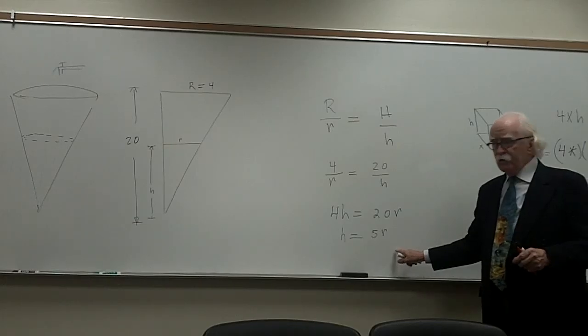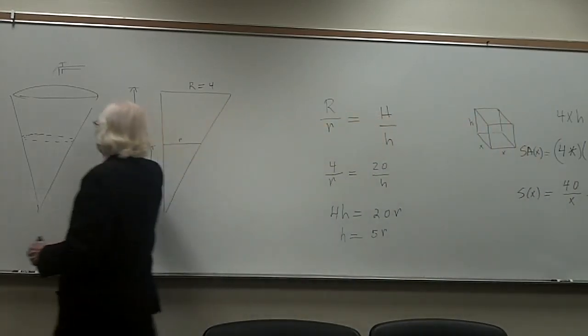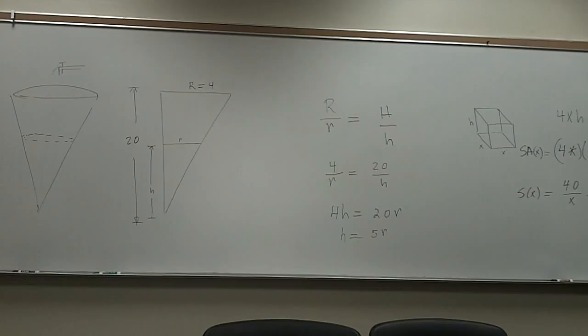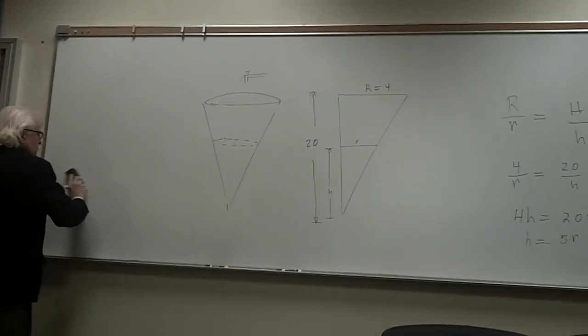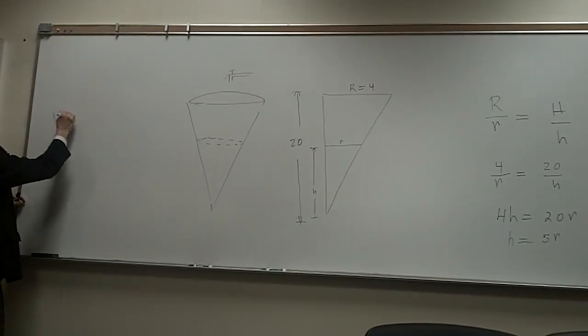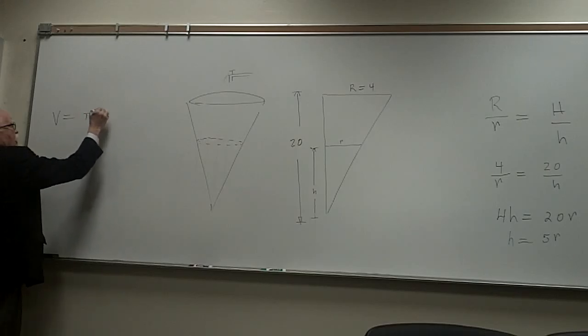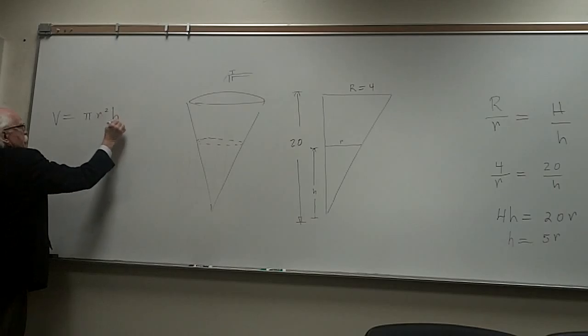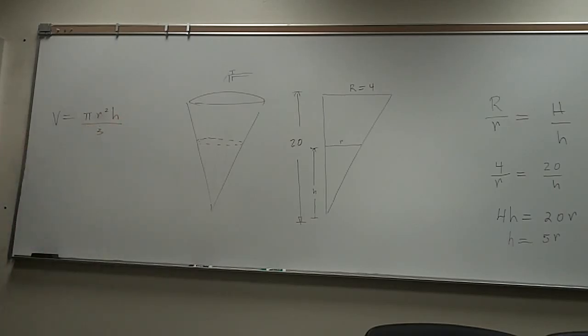Yes? Now we can go back, and I'm going to erase this away, because this was sort of simple here. We can say the volume of this thing is pi r squared h. Everybody see that? Now that's for the small one, right? That's for the small one.